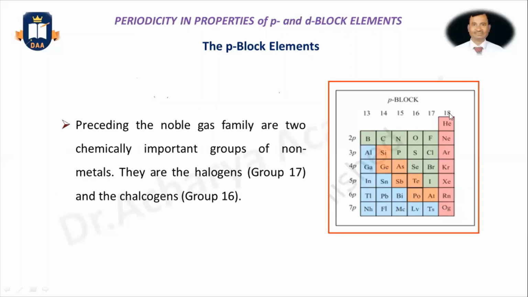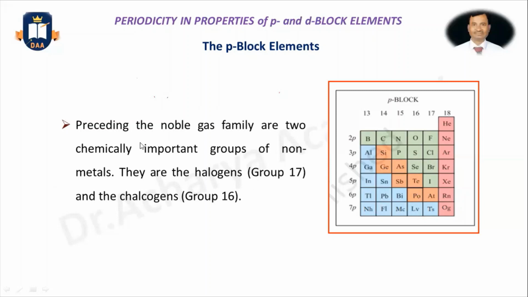But from group 18, if you go before, that means the preceding group number 16 and group number 17. Group number 17 is called the halogen family, and group 16, which starts with oxygen, is the chalcogens family.